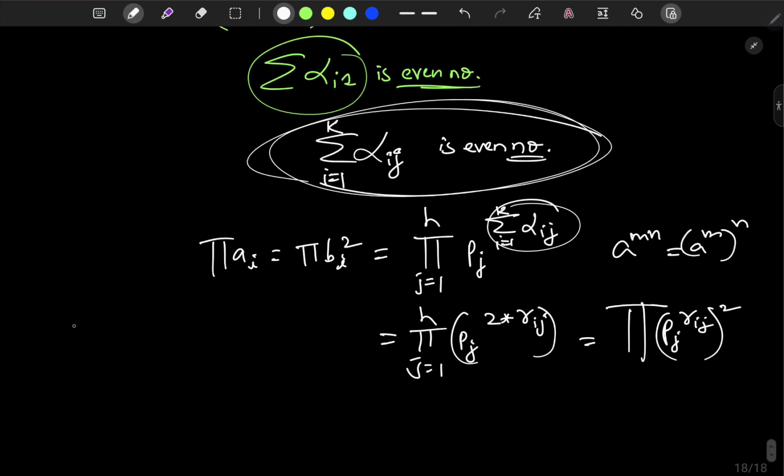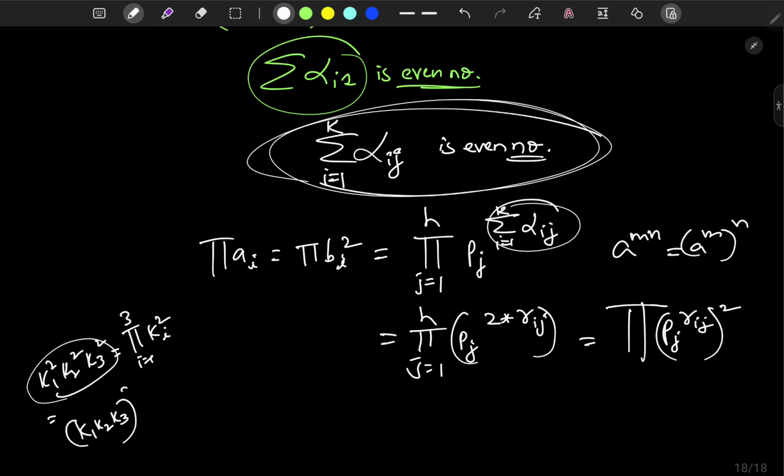And again, one beautiful thing is that, let's say we write k1 square, k2 square, kt square, this can be written as pi of ki square. If you observe, this is the same as k1 k2 k3 whole square, that is equal to pi of ki whole square. So this is the property.